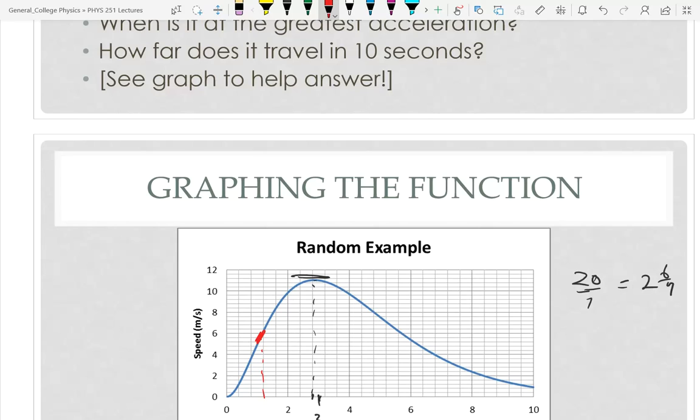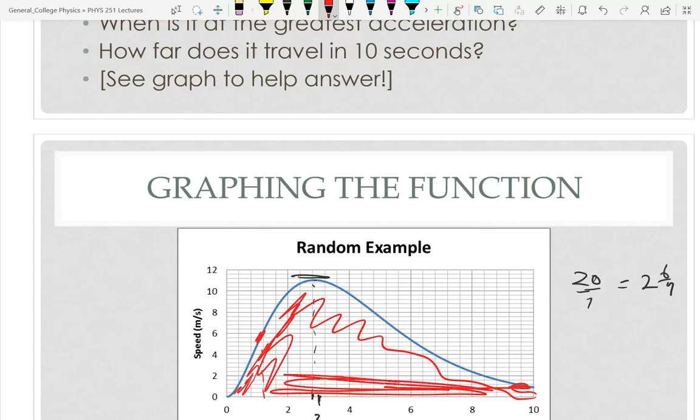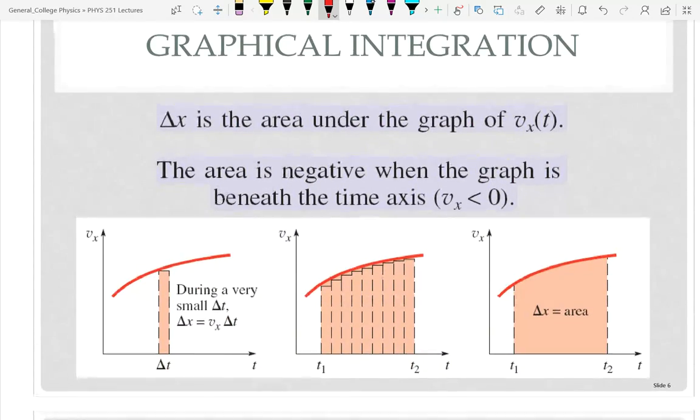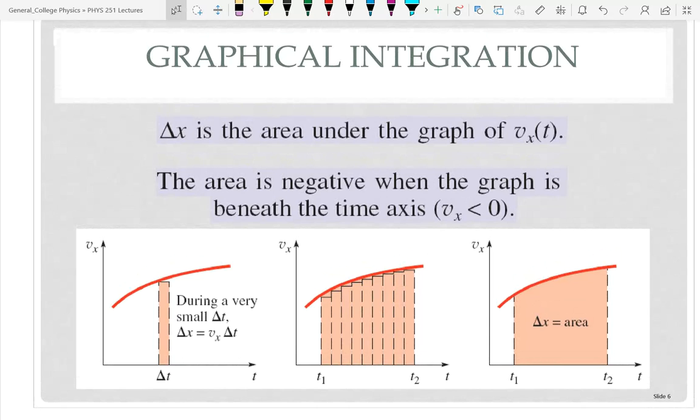So if I want to find how far it travels going from 0 to 10, I just have to find the sum of the area under this entire graph starting at 0 and ending at 10. I have to find that entire area. So, just as a reminder, this is probably how you first saw integration in Calculus 1.